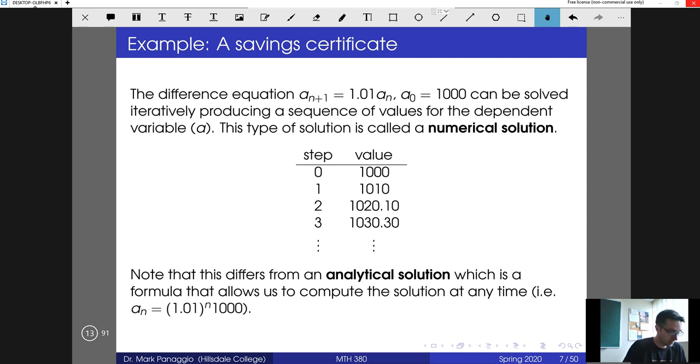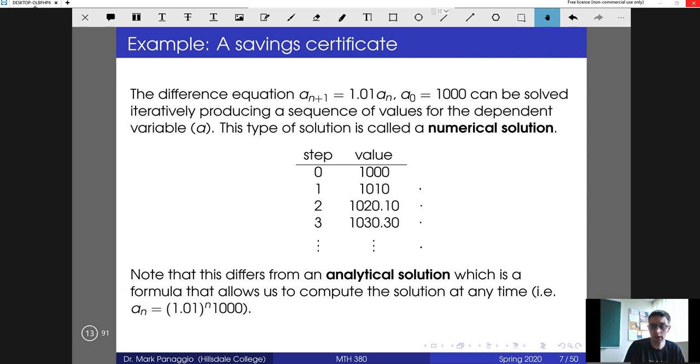And so at step 0, we had a value of 1,000, and we can just continue to compute the values at time 1, 2, 3, and so on. Each time we're just multiplying the previous value by 1.01. And you could store those results in a table. You could draw a graph of those results, and any of those would qualify as examples of a numerical solution. They're giving us numbers that represent how the solution behaves.